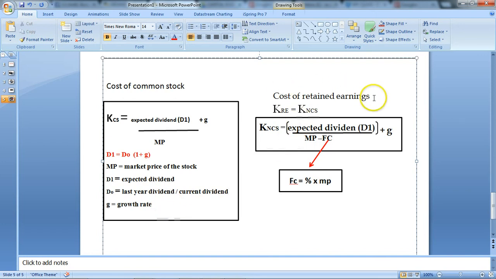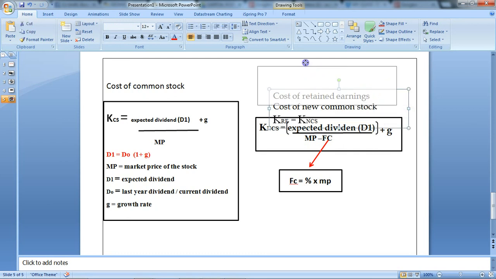So this is the cost of retained earnings. We can call it the cost of new common stock as well. Okay, you can use the same formula.